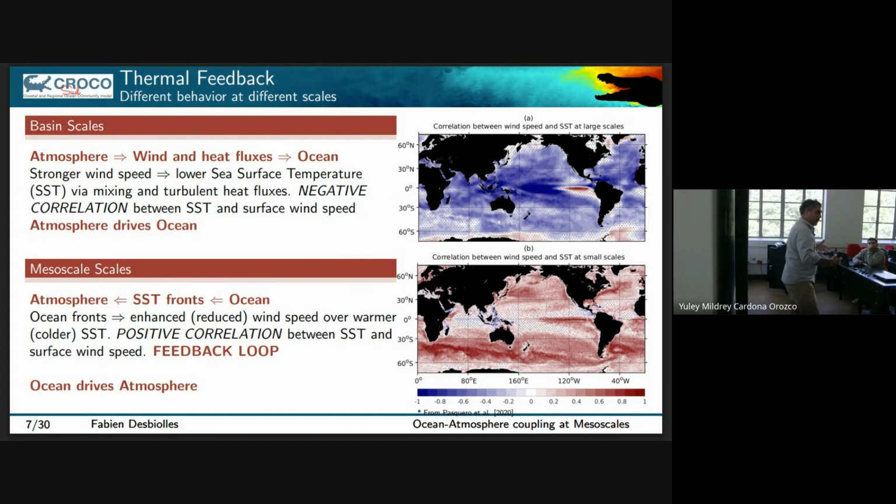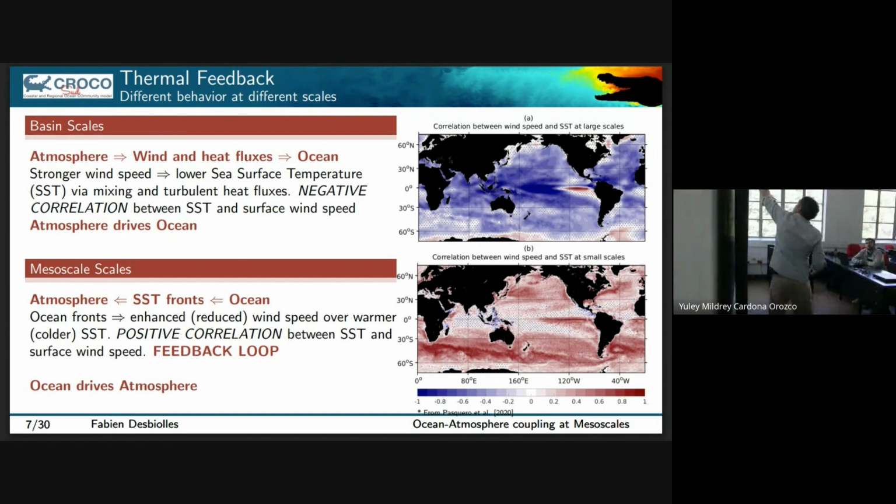Because that makes mixing. So if we calculate a simple correlation between wind speed and sea surface temperature, the more powerful the wind, the colder the SST. So the correlation is negative, right?